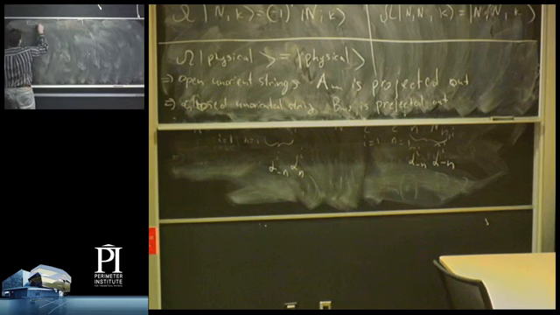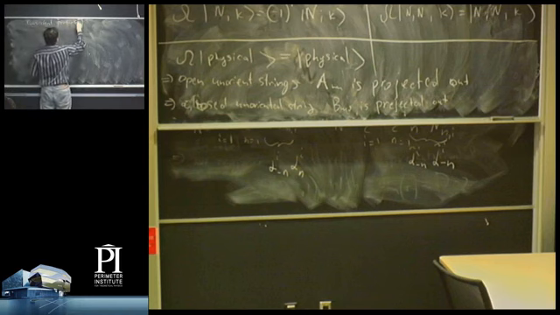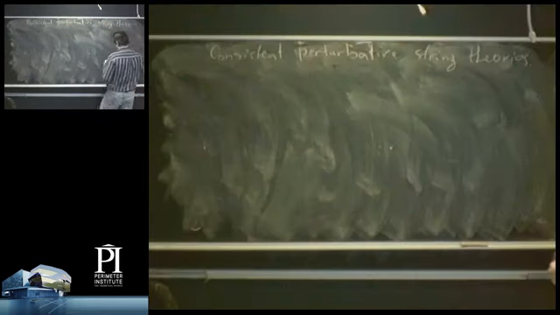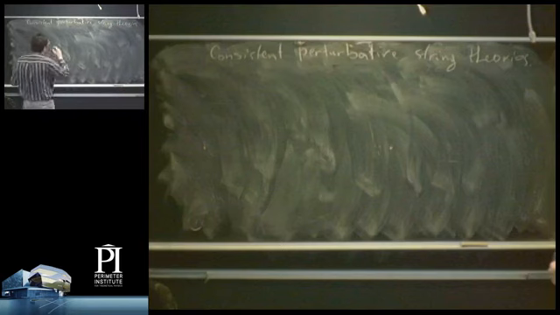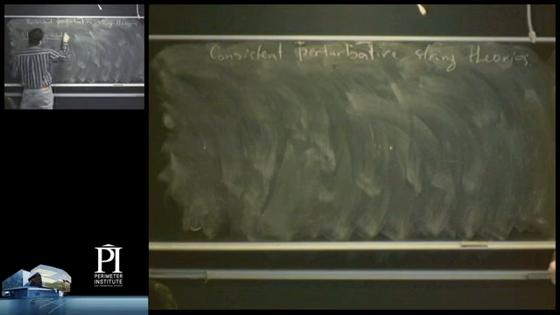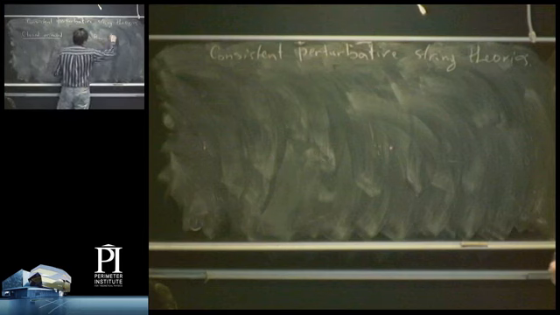So let me just say, closed oriented: the massless fields are again B mu nu and the dilaton phi.